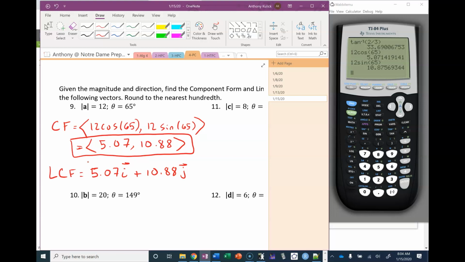So if I add those two vectors together, I'm left again with the component form that we have above. So that's your linear combination form. Once you have the component form, it's trivial to get it, right? You just put a vector i after the x component, an addition symbol, and the vector j after the y component. That's it. No big deal.